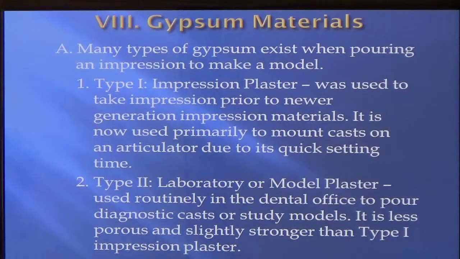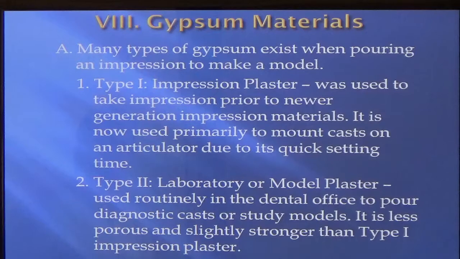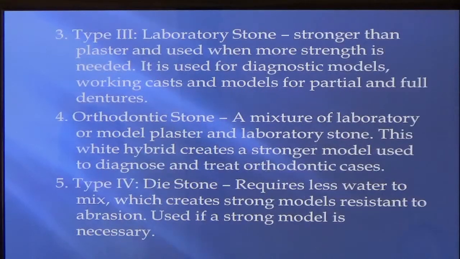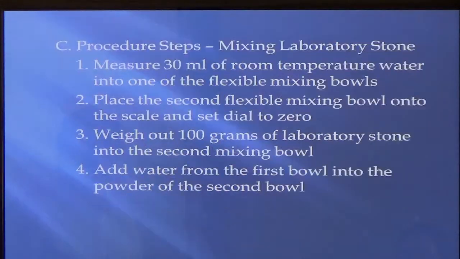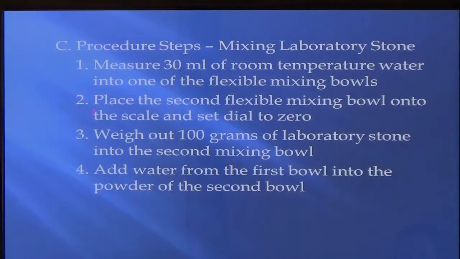Gypsum is a stone that we use. Dr. Cervantes will go over it. Again, it's what's poured into the impression. You've got 100 grams of powder, and this says 30 milliliters, but with our stone it's about 25.